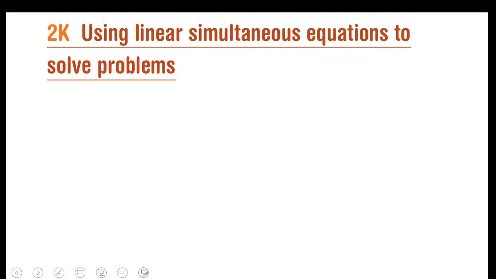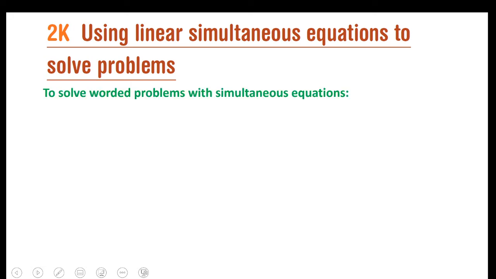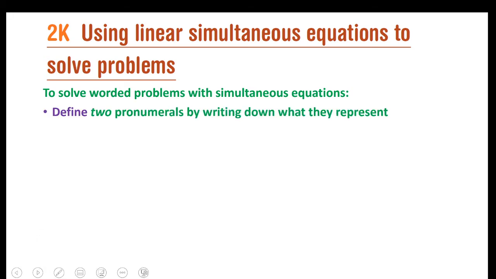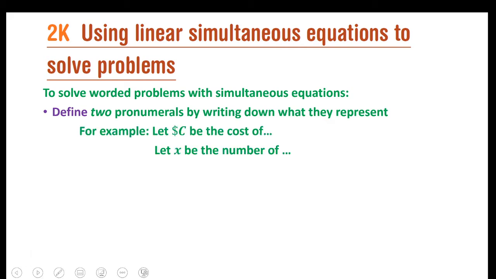So, to solve worded problems with simultaneous equations, what we need to do is follow a kind of checklist of things. We're going to start off by defining two pronumerals by writing down what they represent. So for example, we're looking for things like let C, or the dollars C, be the cost of, or let X be the number of.